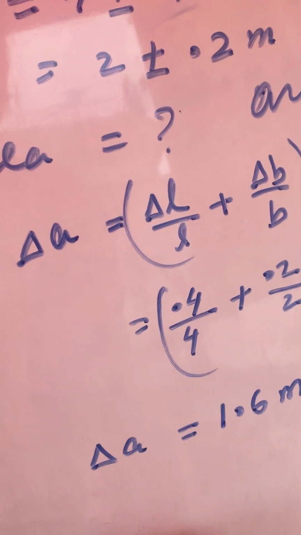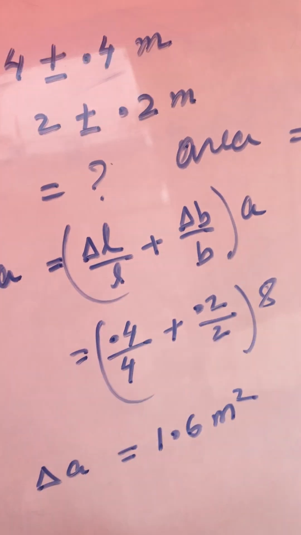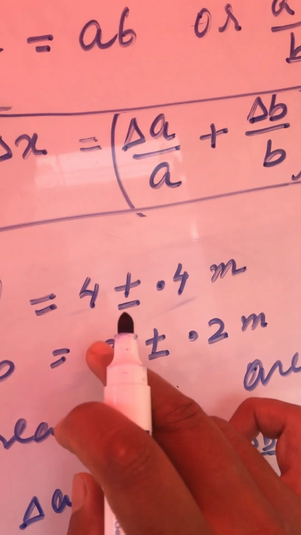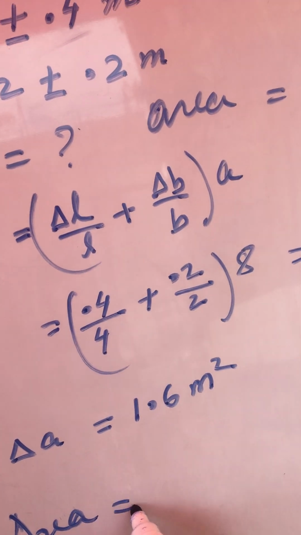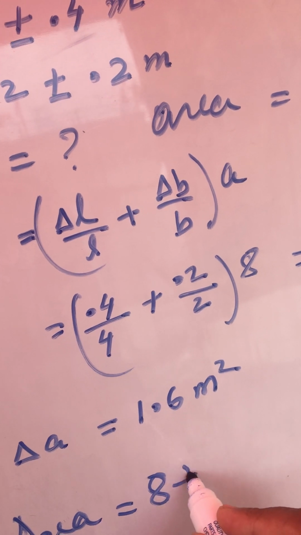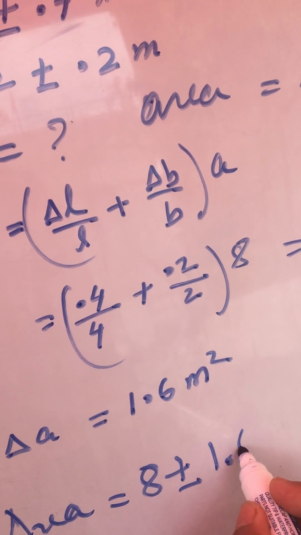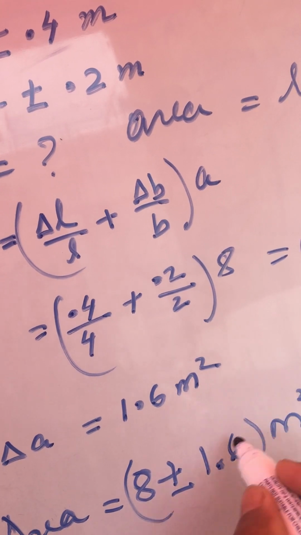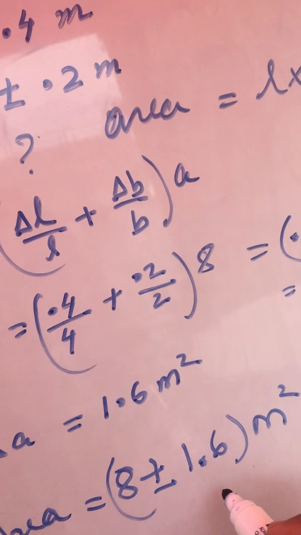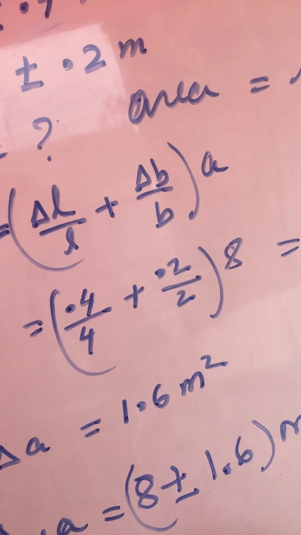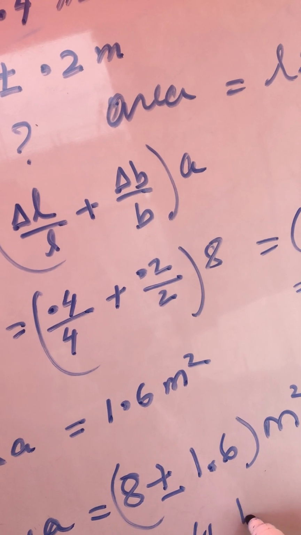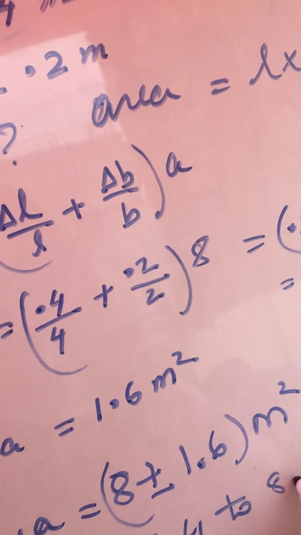So what should be the actual area? Actual area is length into breadth, which is 8, plus minus the error involved, 1.6 meters square. That means what is the range? If you subtract it, this will be 6.4, and the upper range is 9.6.